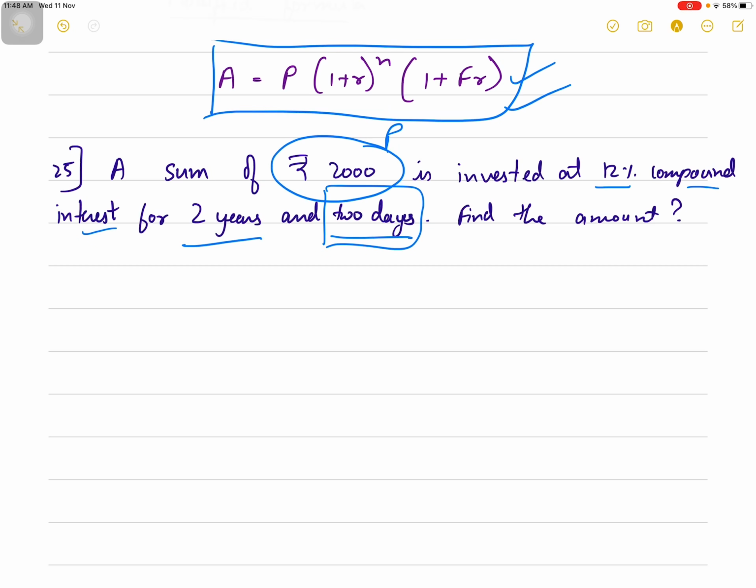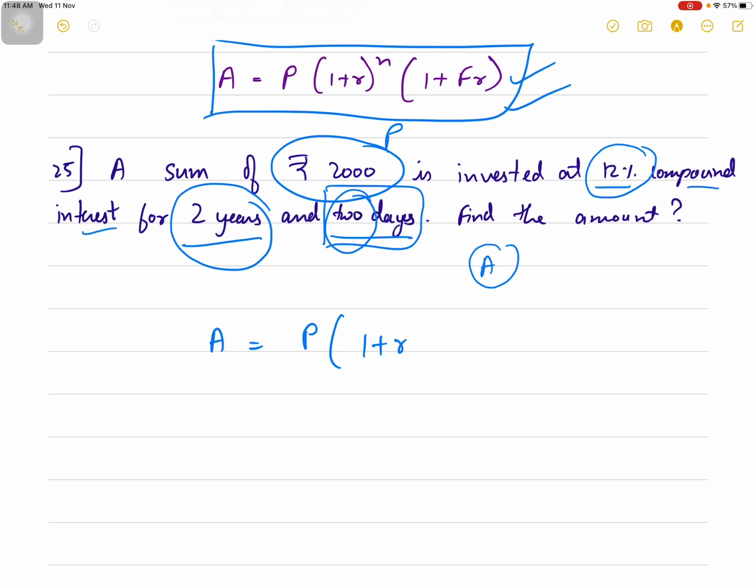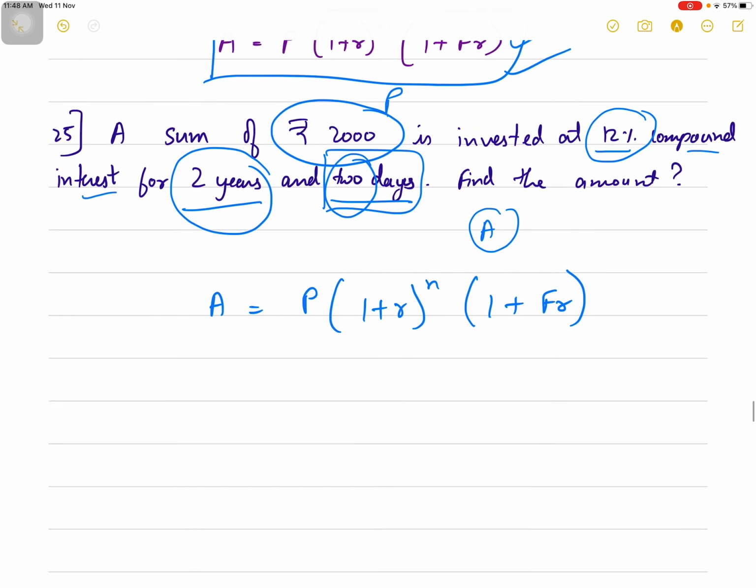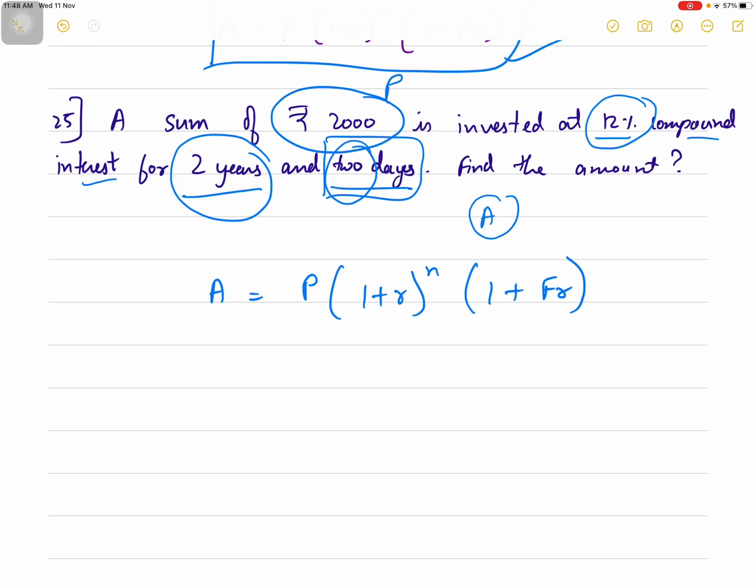You have to find A, right? Period is 2 years and 2 days, and rate of interest, that is R, is 12%. So the modified formula is A is equal to P into (1 plus R) raised to N, and you will multiply it with (1 plus FR). F is the fraction of a year.